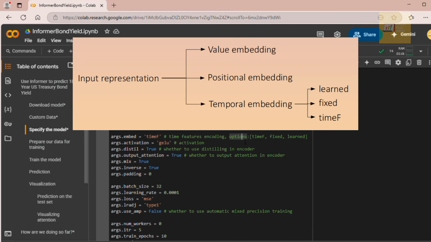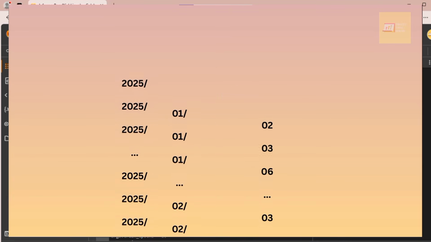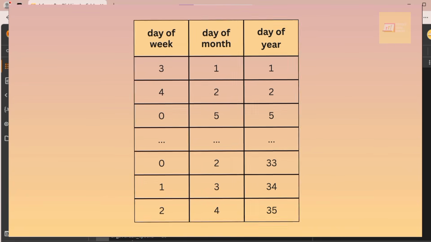So first of all, before going into the embedding layer, the timestamps are pre-processed. This pre-processing includes breaking down the timestamps into some units of time. In our case, since our data frequency is business days, the timestamps are broken down into 3 time units: day of week, day of month, and day of year.